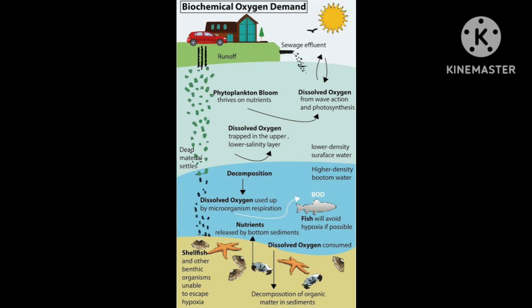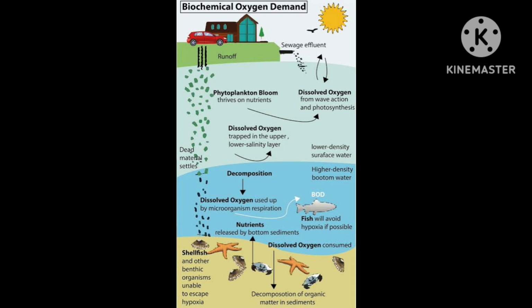hydroxyapatite. Hydroxyapatite, remember, its chemical formula is Ca3(PO4)2, calcium phosphate, but calcium hydroxide is also there, Ca(OH)2. Ca3(PO4)2 and Ca(OH)2, this is called hydroxyapatite.